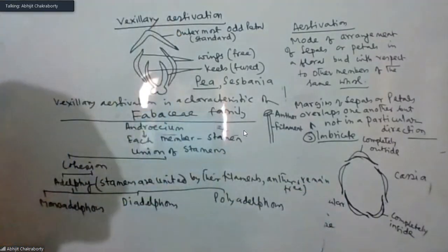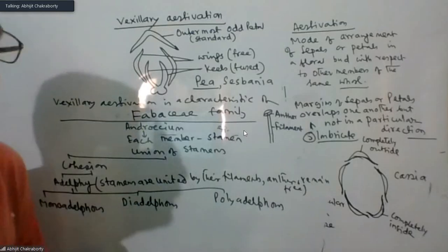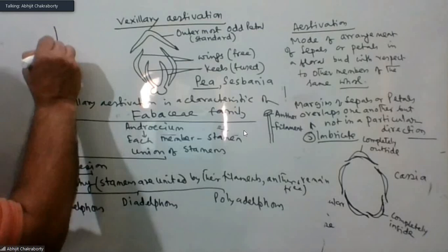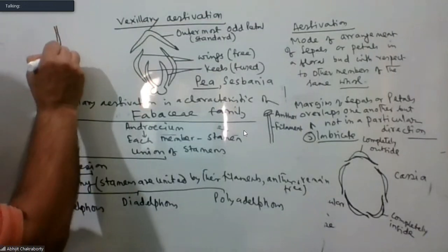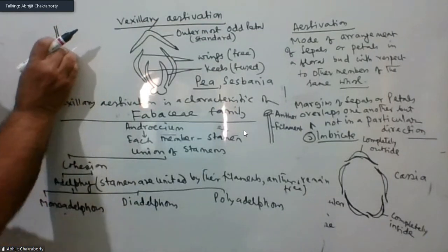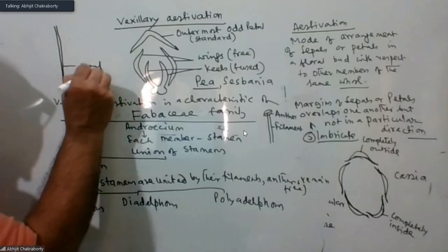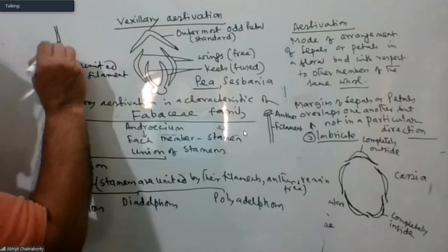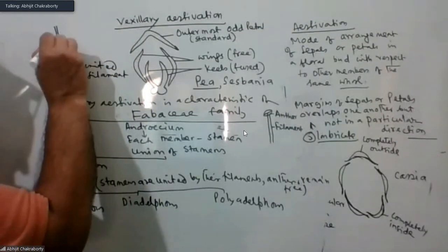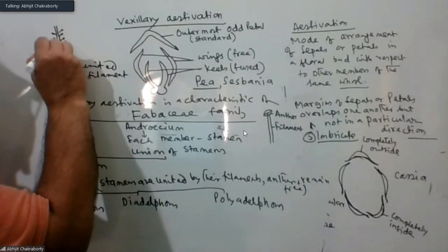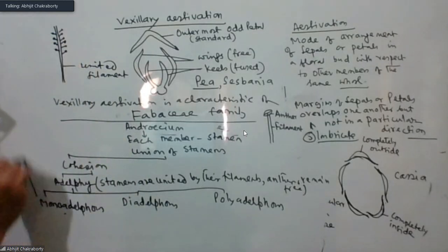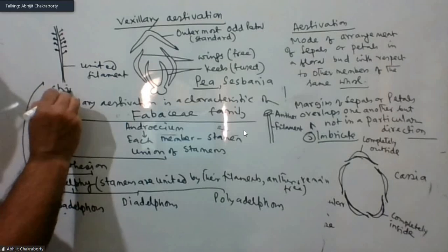Then you can call it Adelphi. Is it clear to everybody? Suppose the stamens appear like this. I am showing you the monoadelphous. This is the united filament. Then here you will get the anthers. This is called monoadelphous, found in China rose.